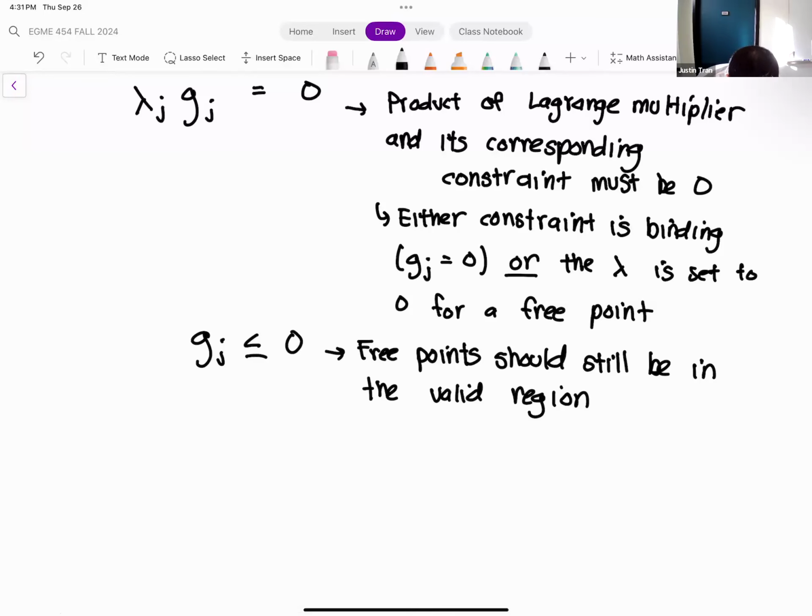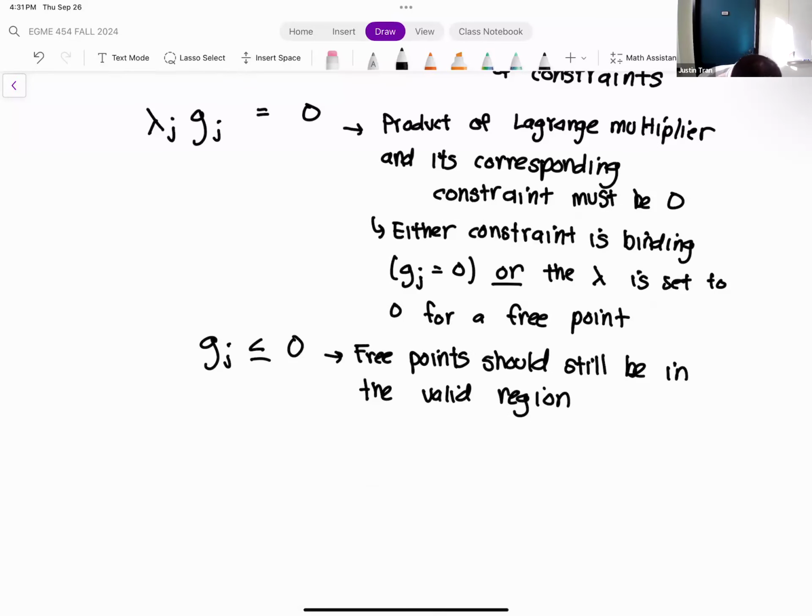And so the last KKT condition states that all of the Lagrange multipliers have to be positive. They either have to be positive or 0.